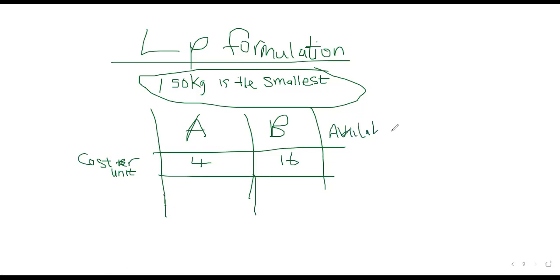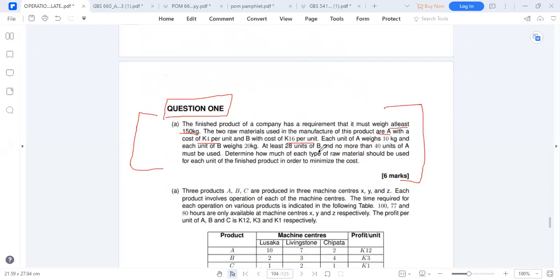So we should have the variables here. If the total cost is not given, that is, the objective function does not give a cost, meaning A costs 4 kwacha per unit, B is 16 kwacha per unit, and it's open. We don't know how much the total cost was.